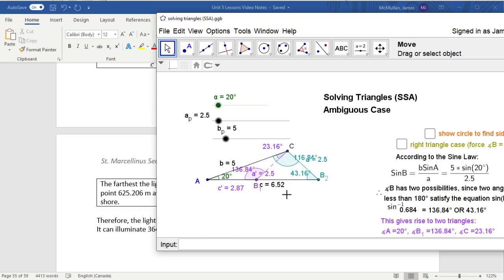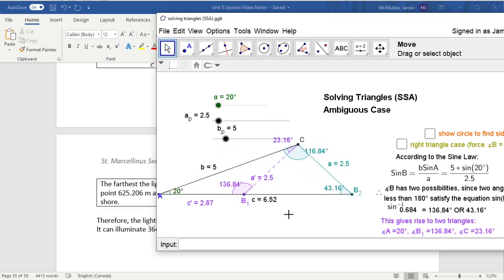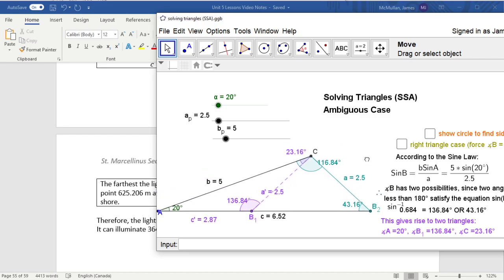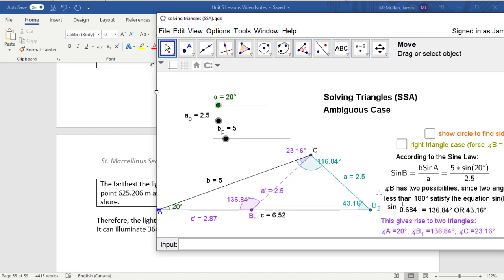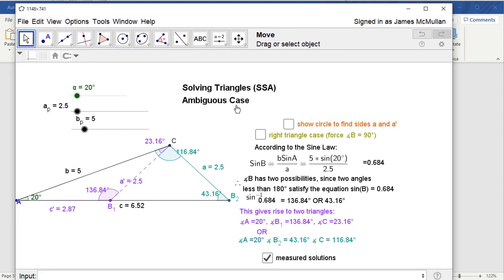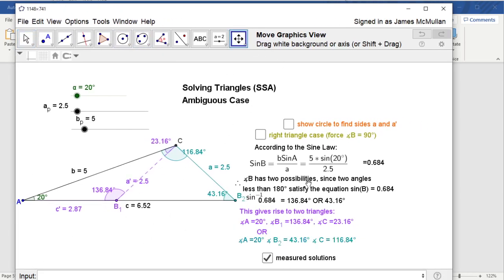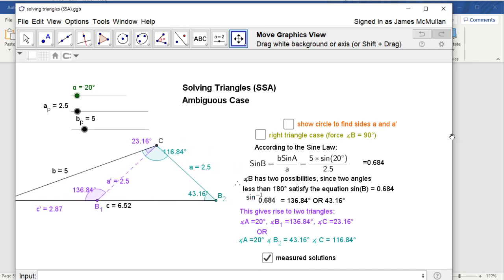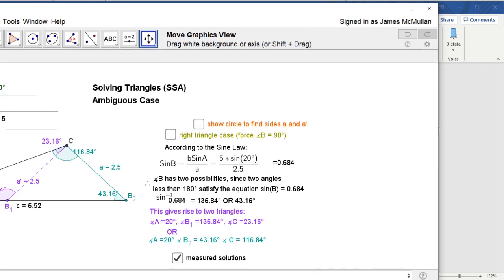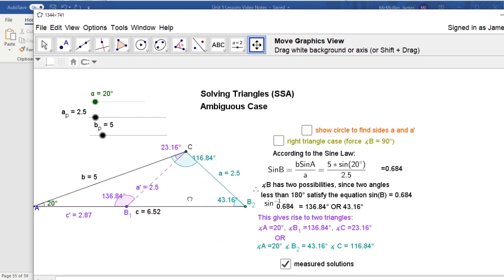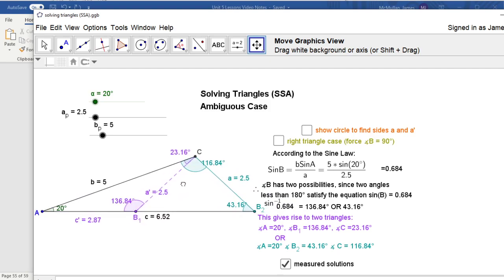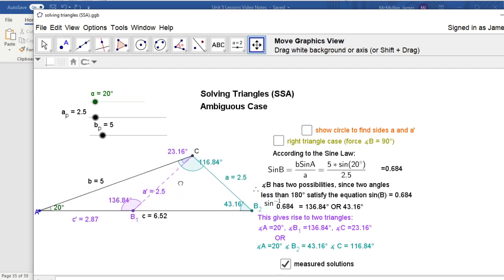Okay, and let's look at the two solutions. Make this a bit bigger. Stretch it that way. It doesn't really matter. So that's probably about as big as I can get it.